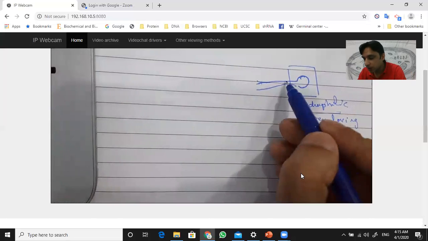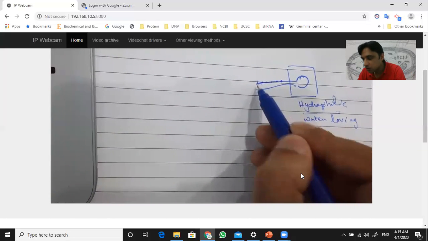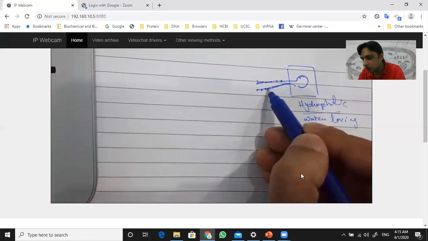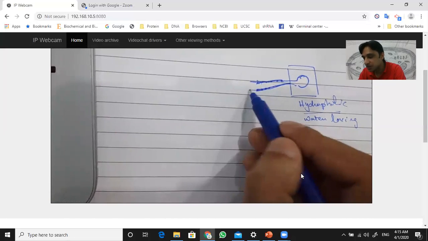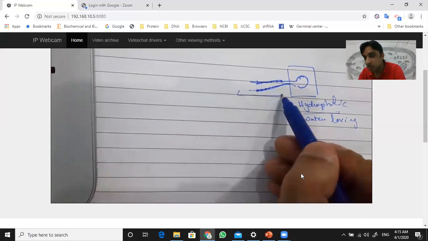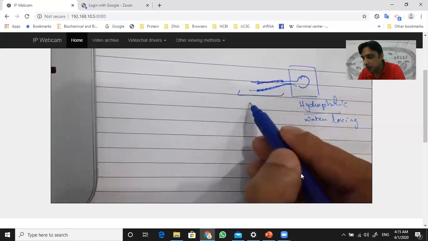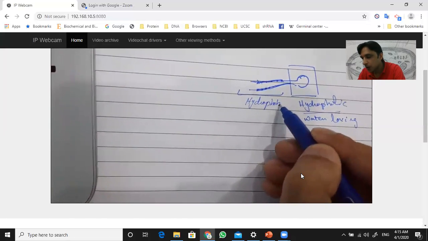The other part of that lipid is made up of long organic chains. It is insoluble in water. It actually repels the water. That portion which is water repelling, non-polar in nature, is called hydrophobic. This part is hydrophobic.